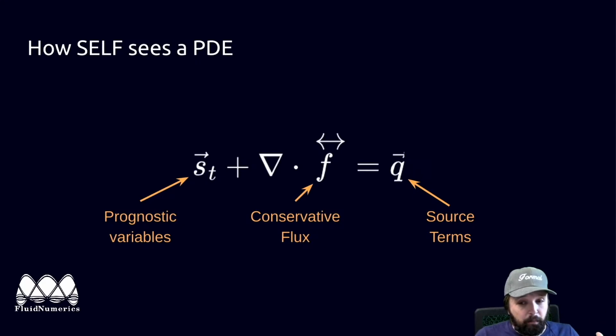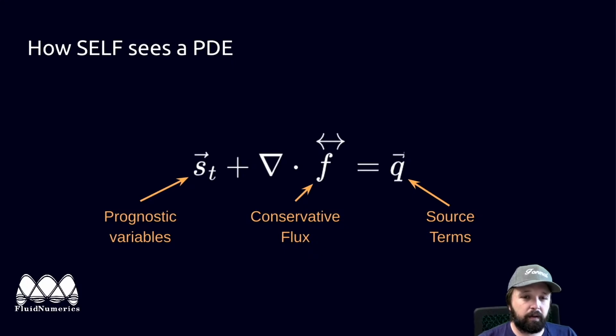The idea behind SELF is that if you give me very simple pure Fortran functions that take in the solution variables, and you can turn around and give me a conservative flux, and the same for the source terms, if you can write a simple pure Fortran function that takes in the prognostic variables and gives me the source terms, you can define a conservation law.